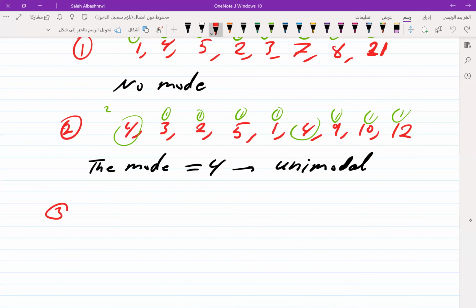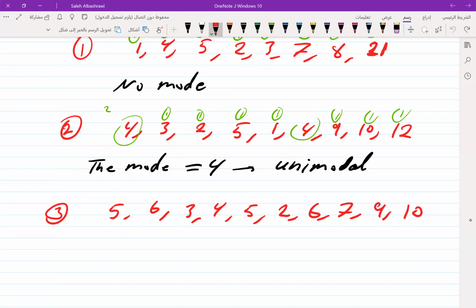Number 3, we have 5, 6, 3, 4, 5, 2, 6, 7, 9, and 10. See? 5, how many times? We have 2 times. 6, we have 2 times.